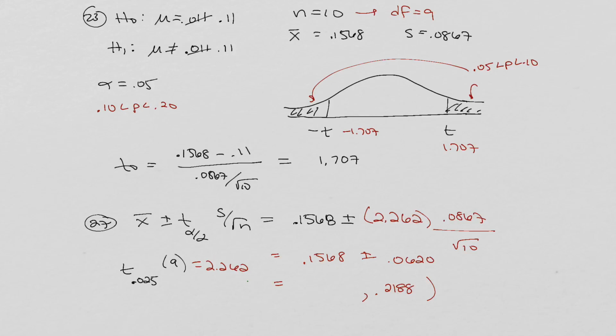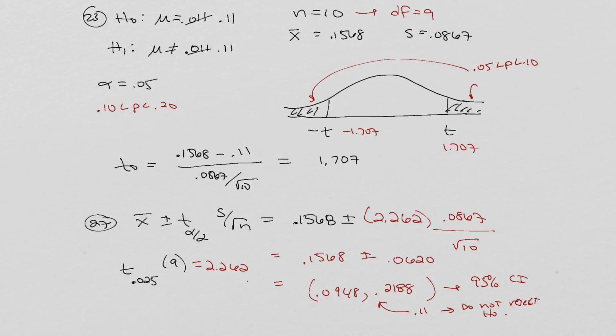And if I subtract them, you get 0.0948. Right? So this is a 95% confidence interval. Right? And if you notice, mu 0.11 is in there, which would mean that we do not reject the null hypothesis.